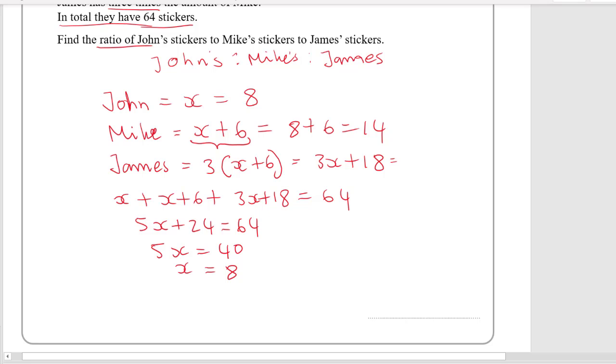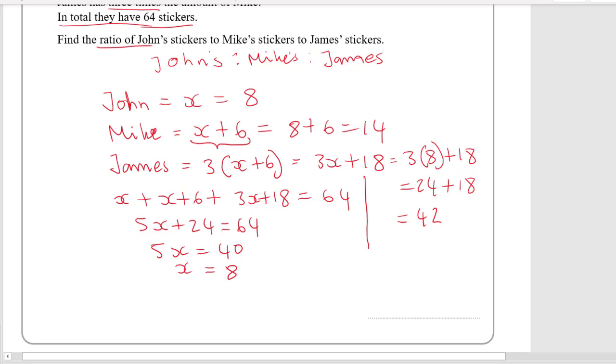And James is 3x plus 18, so that would be 3 times 8 add 18. Let's draw a line through here so that we don't confuse with the other things going on there. 3 times 8 is 24, add 18, and that gives us a total of 42.